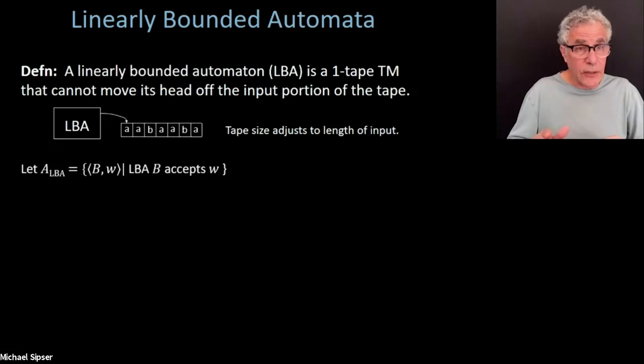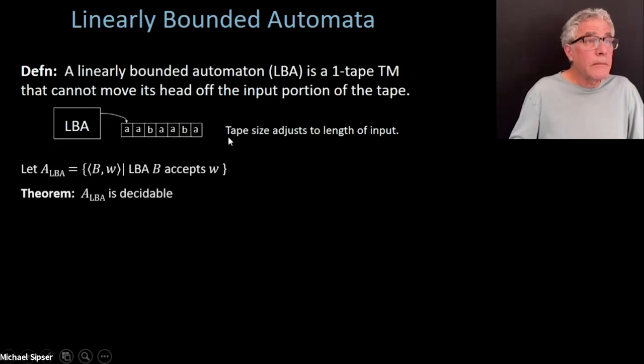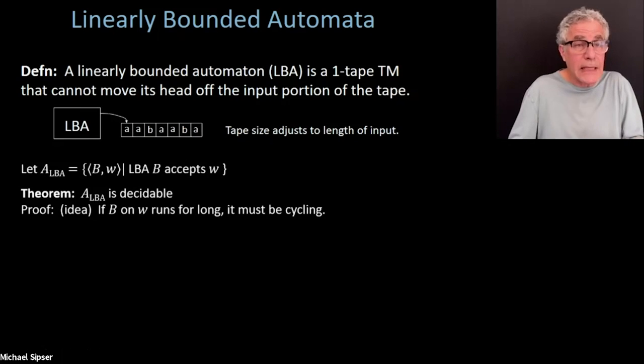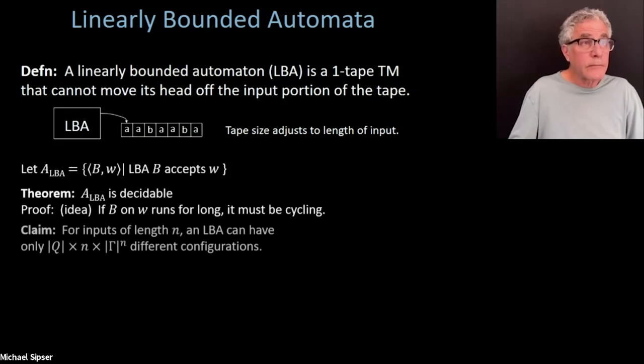And once it repeats a configuration, it's going to be repeating that configuration forever, and it's going to be in a loop. So this problem, in fact, is decidable, because if B on W runs for a very long time, an amount that you can calculate, then it's got to be cycling, repeating itself. And once it starts repeating itself, it's going to go on forever.